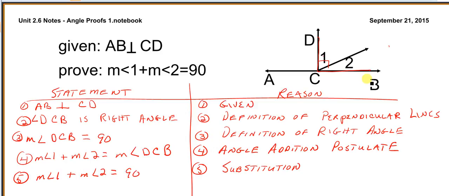And because I'd already proved that DCB is equal to 90, I'm able to take this DCB and replace it by 90 degrees, which is what I did here. So the measure of angle 1 plus the measure of angle 2 is equal to 90 by substitution. There's 90 substituted in for DCB, and I've proven that.